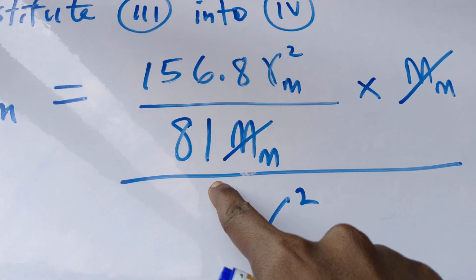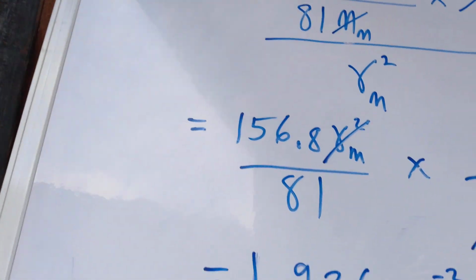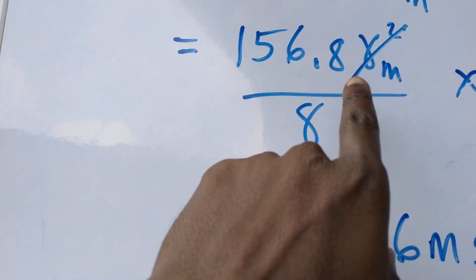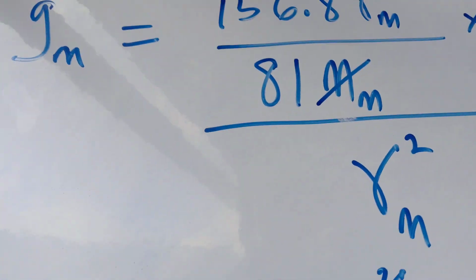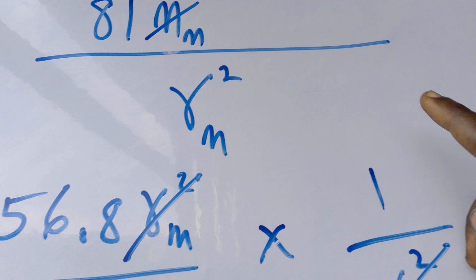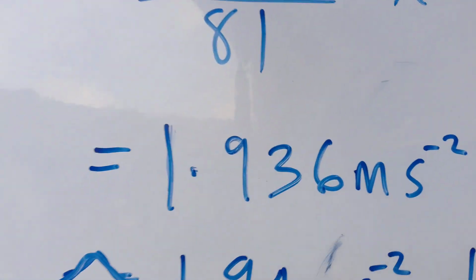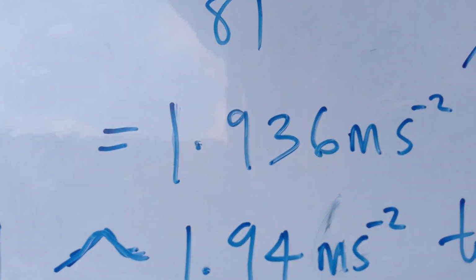Both of them cancel out, and then we arrived at 156.8 divided by 81, and you multiply this with rm square as well. Adjust this by the side, you're having 1 over rm square. So this will eliminate this, and you'll be having 156.8 divided by 81, which gives you 1.936.